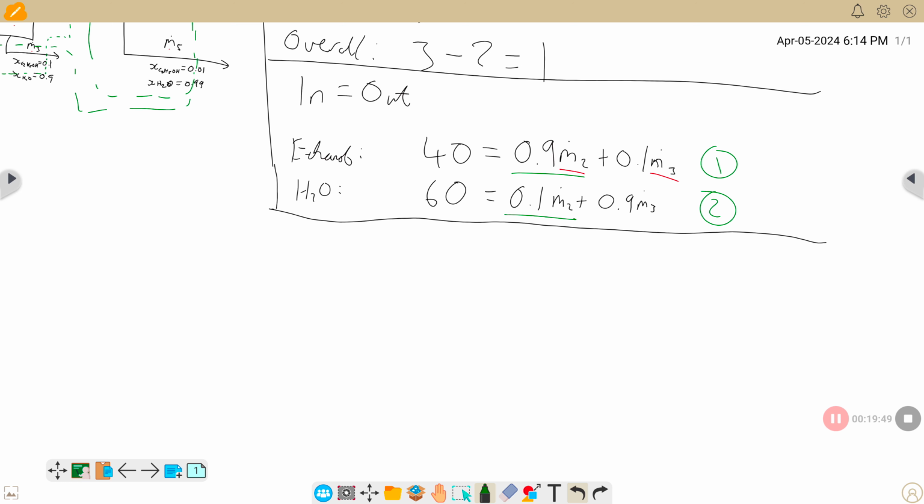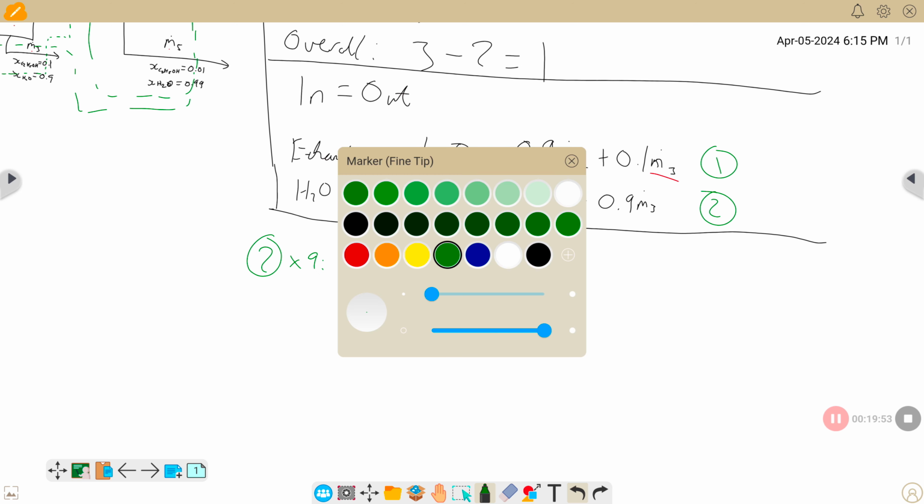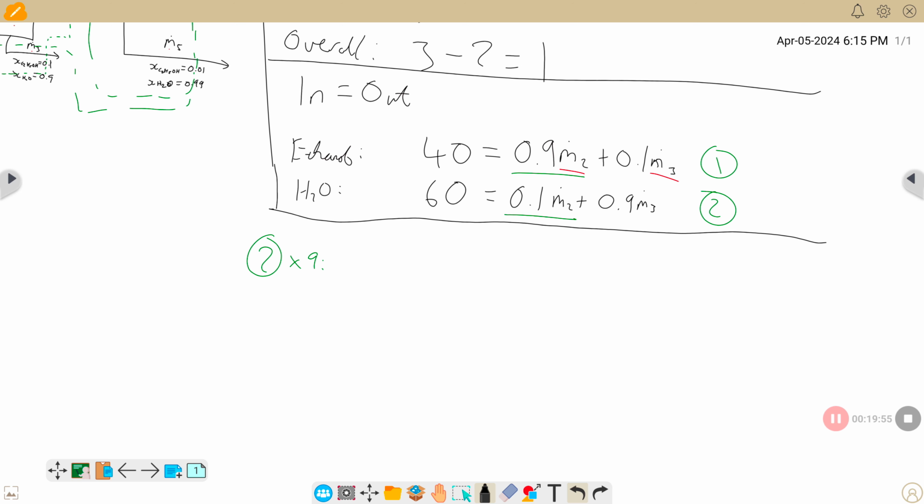So my second equation times 9 gives me 60 times 9, that's 540. And as we've just discussed, 0.1 M2 times 9 gives 0.9 M2. And when I multiply my 0.9 M3 by 9, it gives me 8.1 M3. Okay.